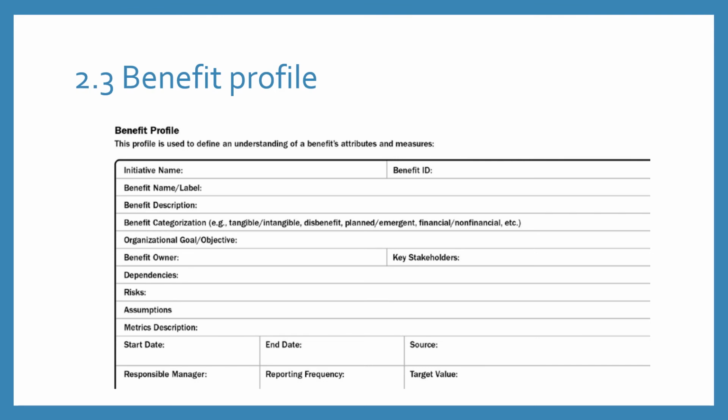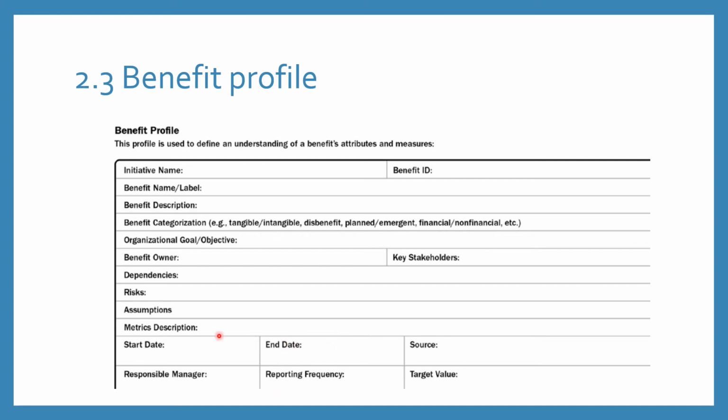The third BRM tool is a benefit profile. It's a profile used to define understanding of benefits, attributes, and measures. So it will talk about what is the initiative name, what is the benefit ID, benefit description, essentially benefit categorization, its alignment with the organization goal, the benefit owner, key stakeholders, dependency, risks and assumptions, essentially metrics as well, metrics for KPIs and thresholds.